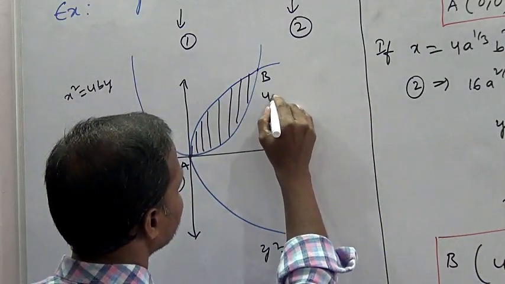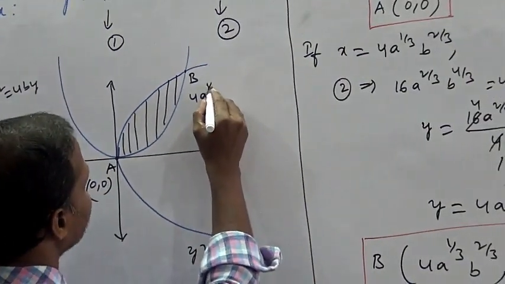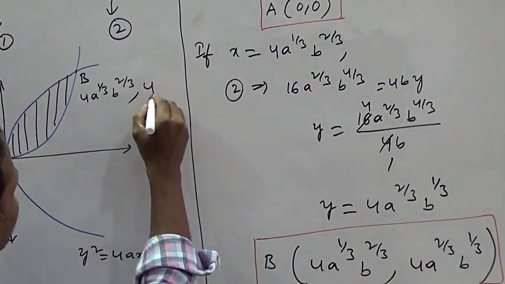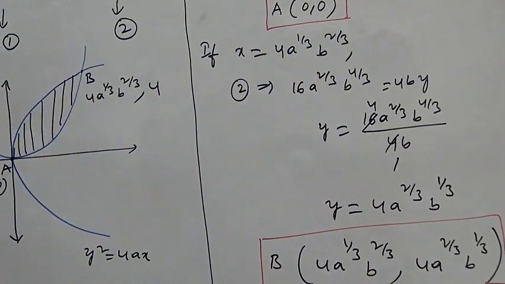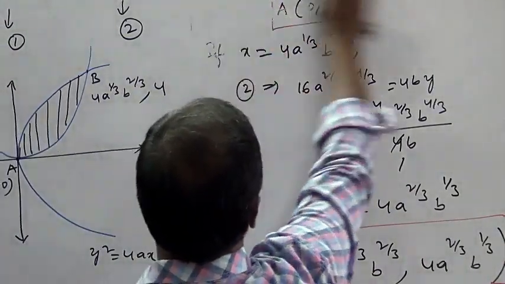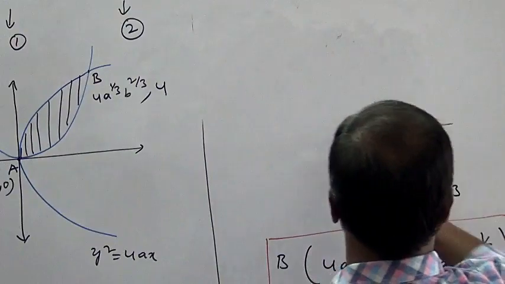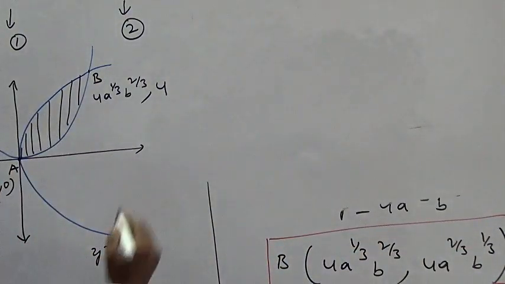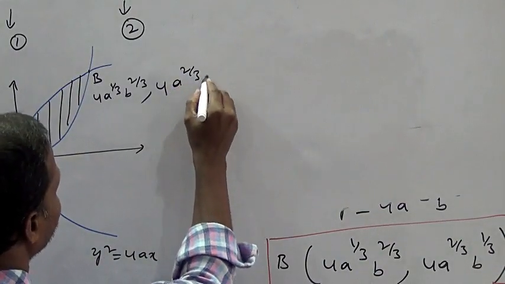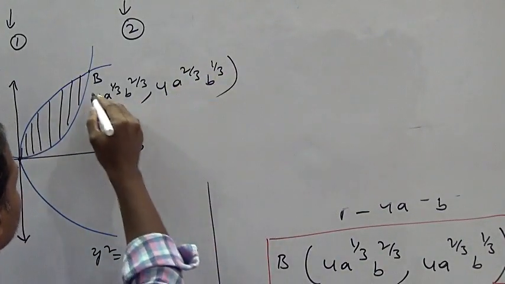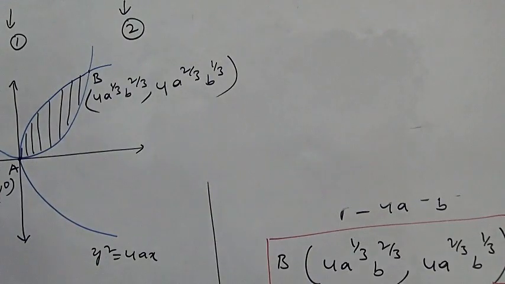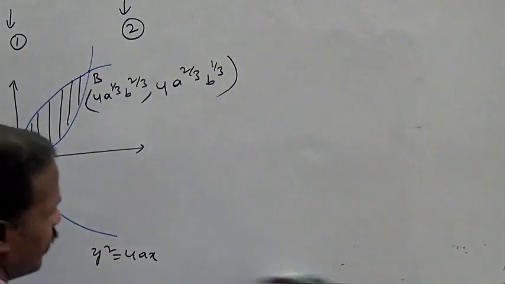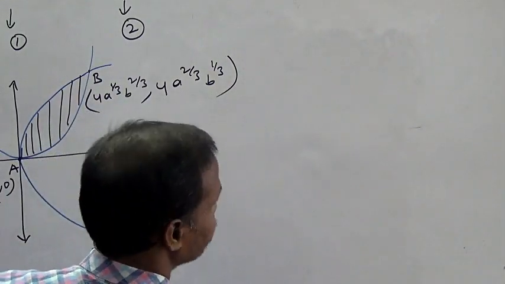B is (4a^(1/3) b^(2/3), 4a^(2/3) b^(1/3)). So this is the point B. Now we have to find the area of this region.